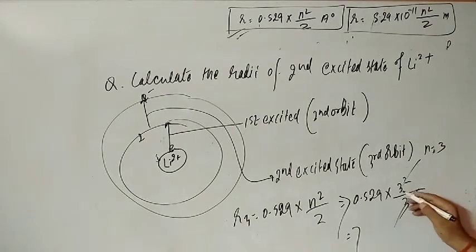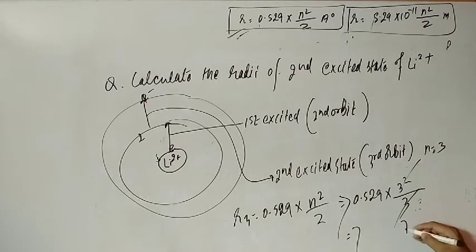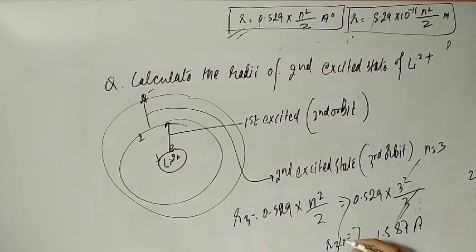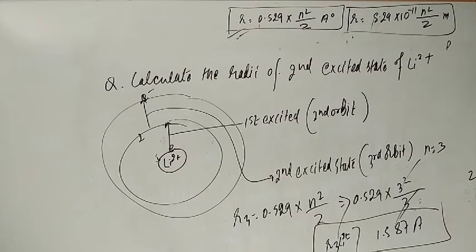So you solve it out, 3 9s are 27, 3 2s are 6, 6 2 8, 3 5s are 15. So R3 of Li2 plus is equal to 1.587 angstrom, student. So this is our required answer, dear student.